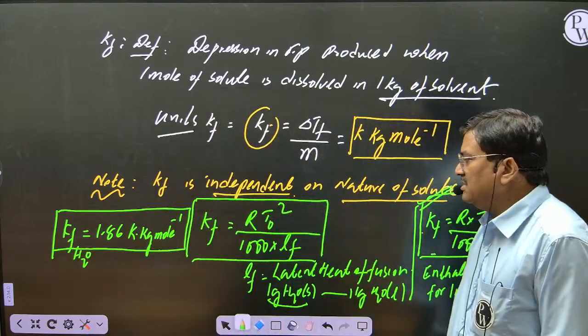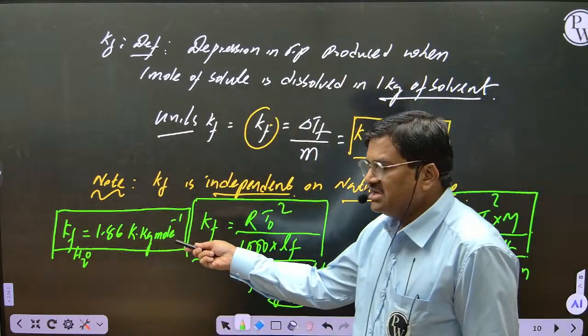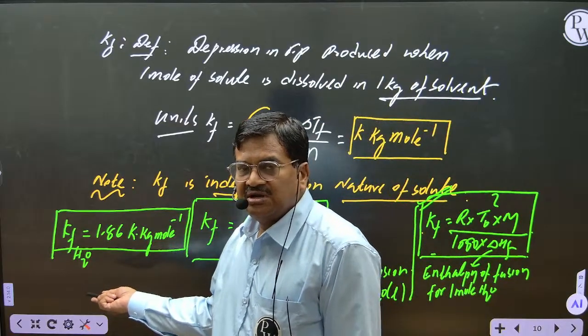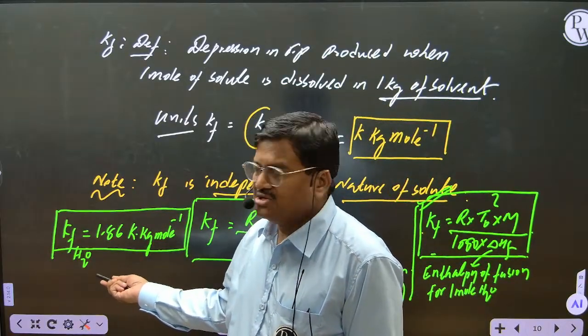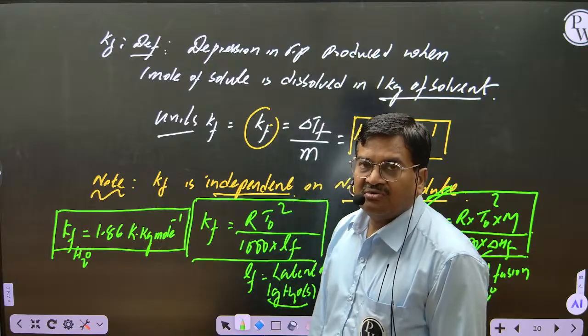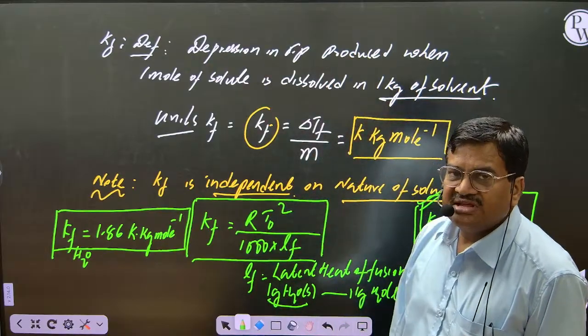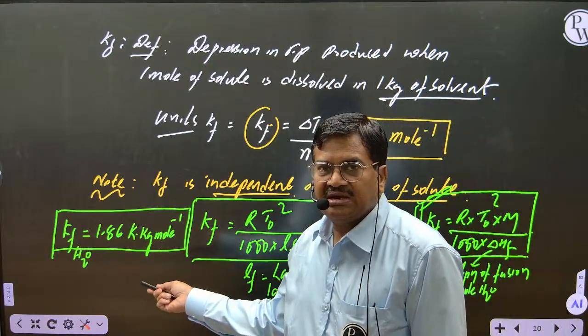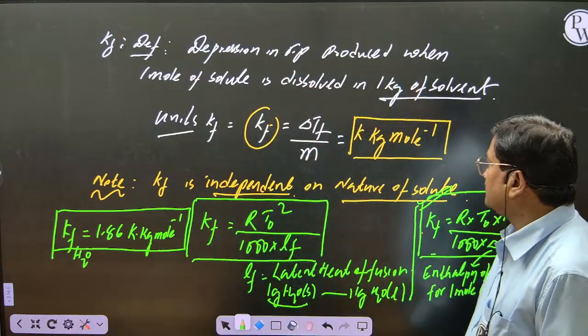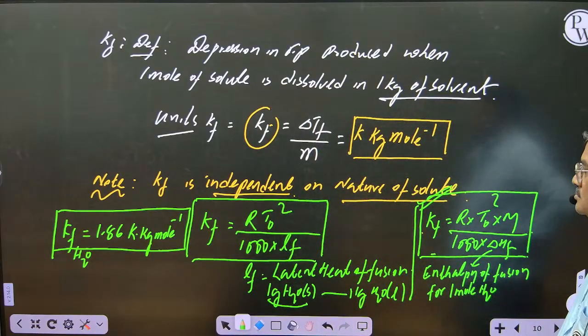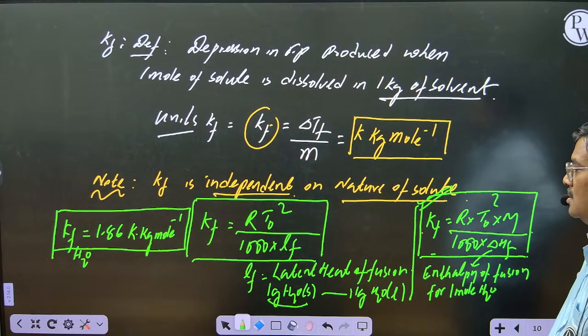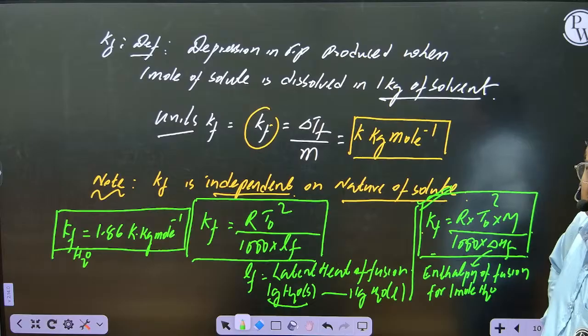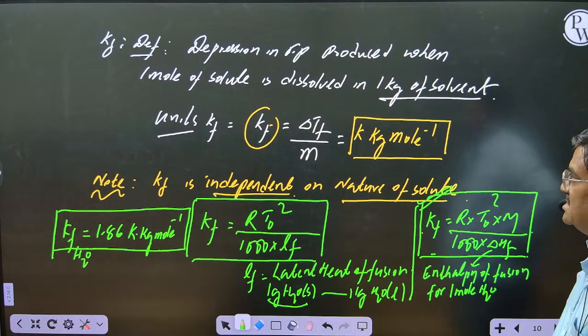In numericals they will mention the Kf value, but for water sometimes they don't mention it, so you have to remember 1.86. If it is other than water, they have to provide the data. Copy it, students.